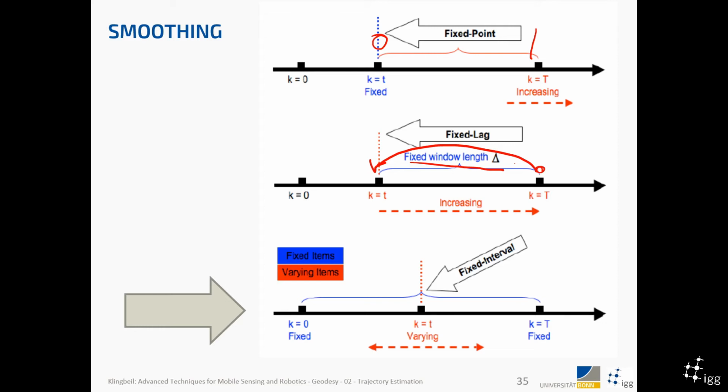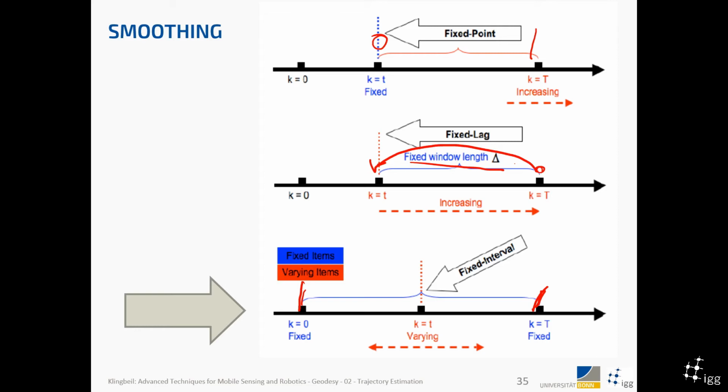The last thing, and this is the thing we're actually interested in, is fixed interval smoothing. So we have all measurements from here to here, and we want to estimate all states at all k's between 0 and t. This is the example that we are talking about.